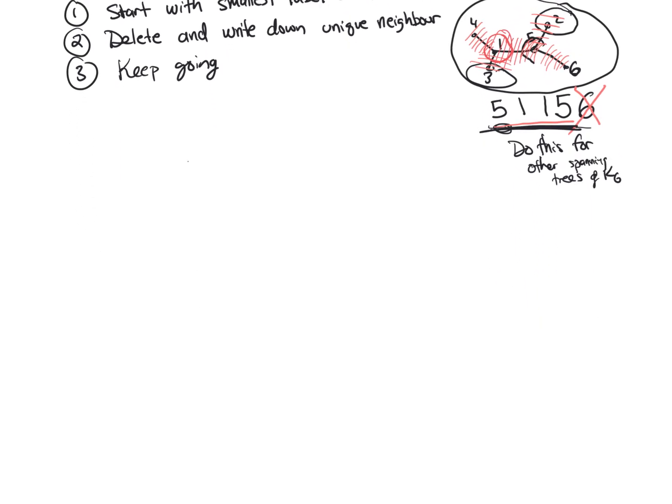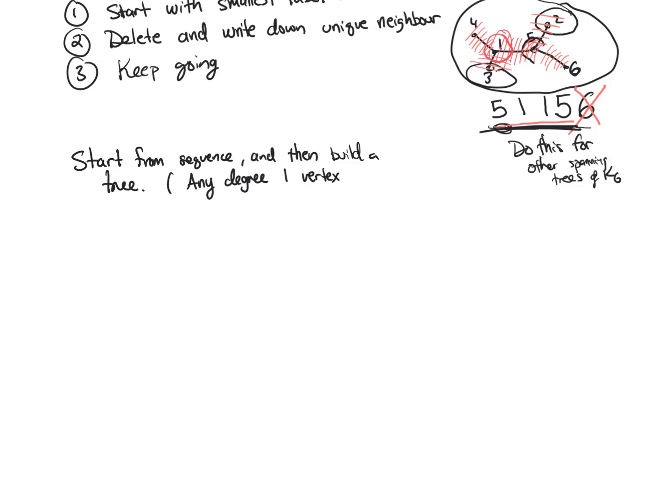Okay, to go the other way, we also want to start from a sequence and then build a tree, to show the bijection. One thing to notice is that any degree 1 vertex of the spanning tree never shows up in this sequence.